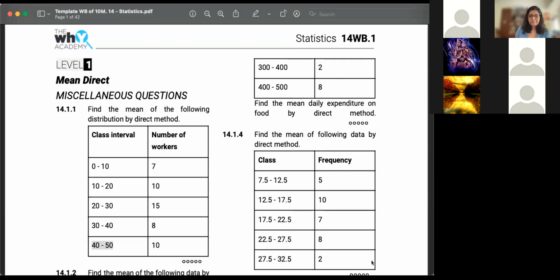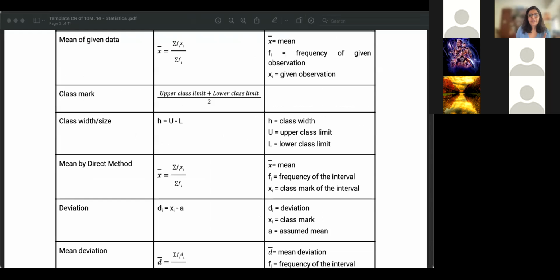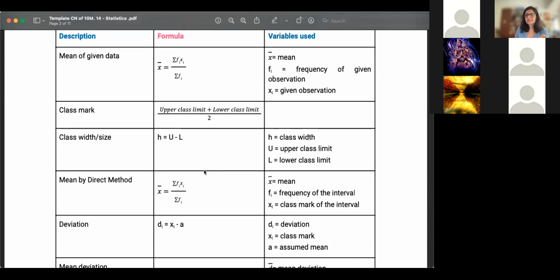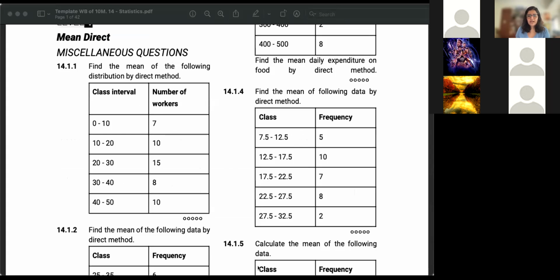All right. So that is a pretty direct, straightforward method of calculating mean. But the trouble with that method is it'll give you a rough idea. The main thing is we are assuming that whatever values of data we have, if you look at the problem that we just did, we took the class marks for each class interval.